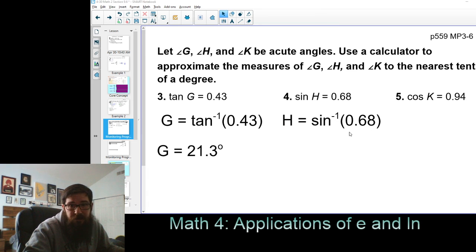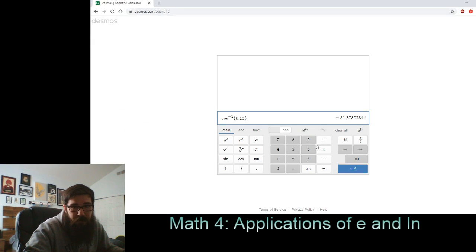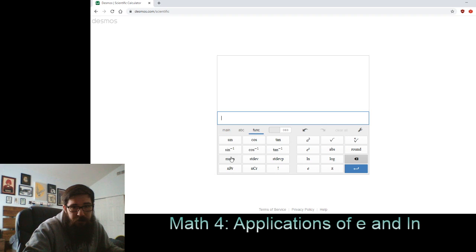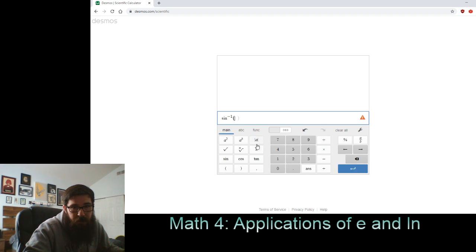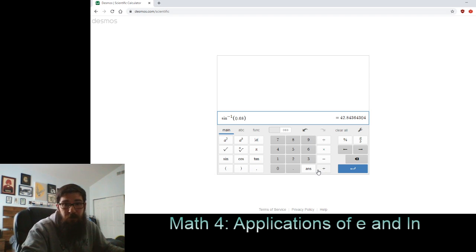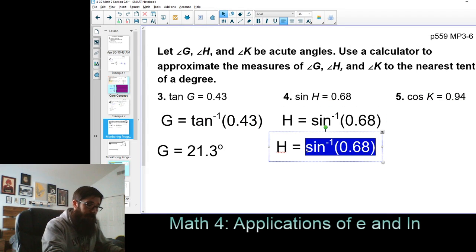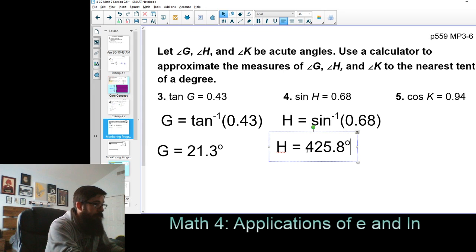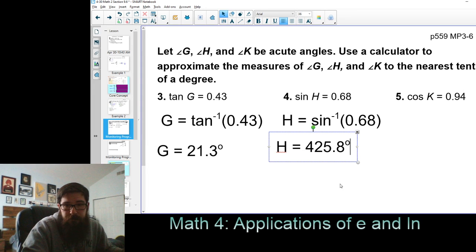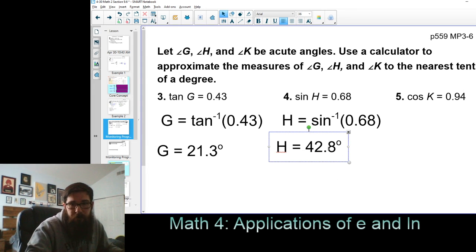Go to function, inverse sine of, go back to main, 0.68. There's the parenthesis. It says it's 42.84, which would stay at 42.8. I should clarify, 42.8 degrees, not 425.8.